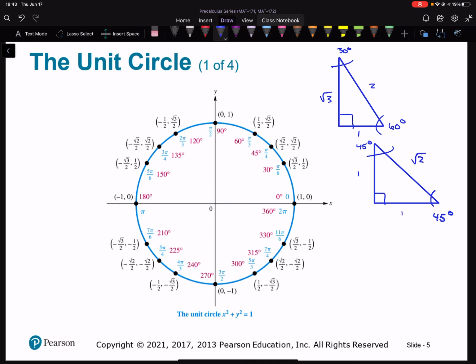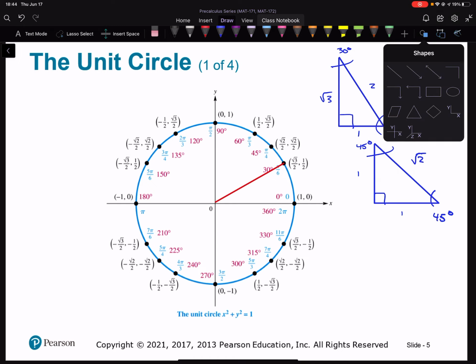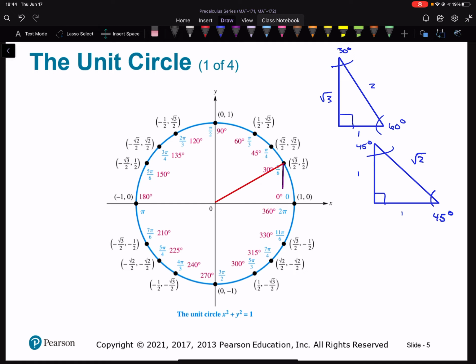And so if you didn't know already, if we want to know the sine of 30 degrees, we can kind of see that right there, but you'll see something pretty cool here in a second. But if you wanted to know the sine of 30 degrees, using the 30, 60, 90 triangle, and by the way, this is 30 degrees at this point.